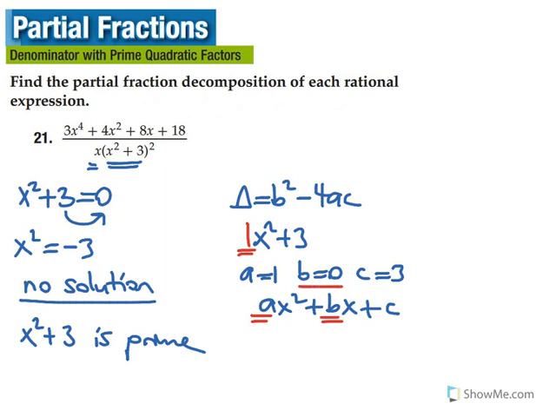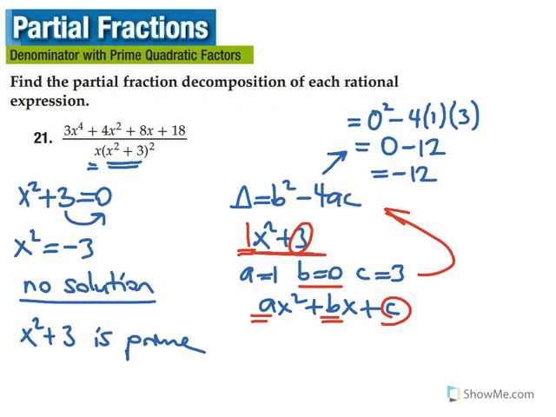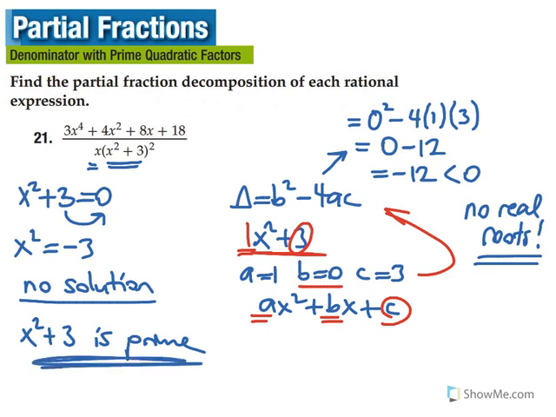Coefficient b here should be 0 because there is no x term, and c is 3 here. So if you substitute these values into the discriminant, you will find that it is minus 12, less than 0, meaning no real roots. So there is no solution, hence no factor. So this expression x squared plus 3 is prime.